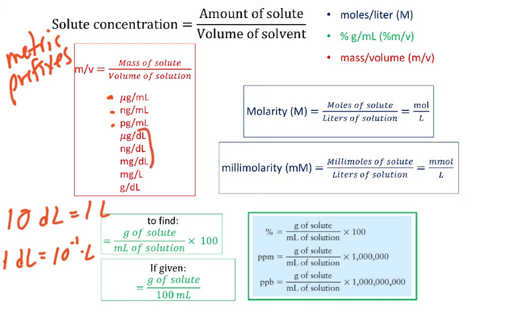And so that's actually a pretty common one that we see. So there are similar ones: micrograms, nanograms, milligrams per deciliter, milligrams per liter, grams per deciliter, all sorts of options. So this one has a lot of variability and flexibility.